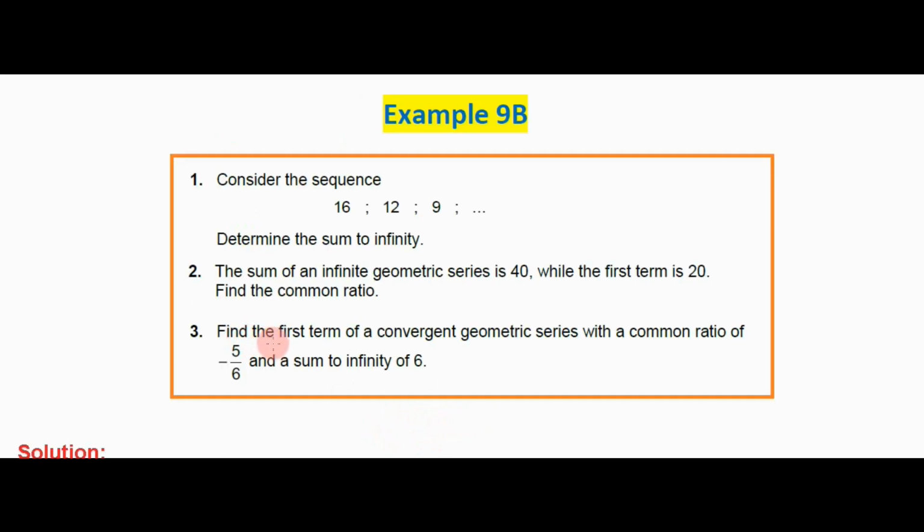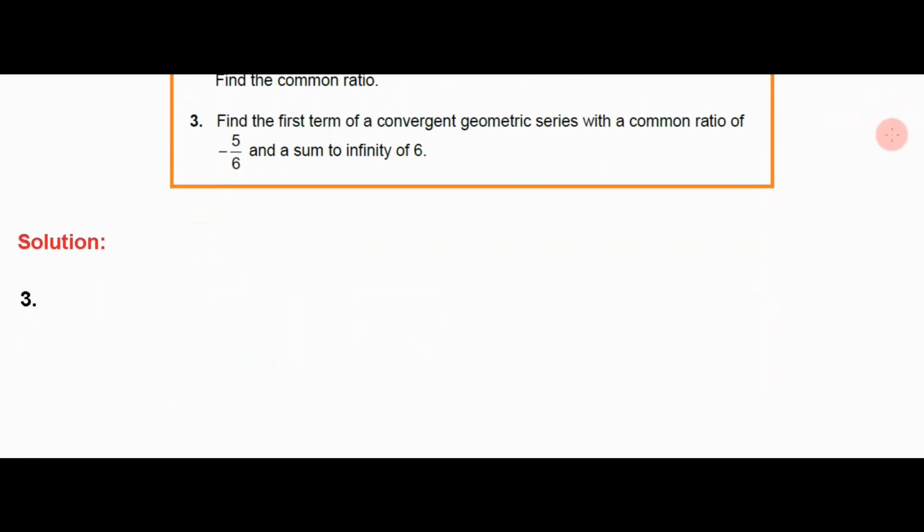In the third question it says, find the first term of a convergent geometric series with a common ratio of -5 over 6 and a sum to infinity of 6. So here we know that the common ratio R is -5 over 6.